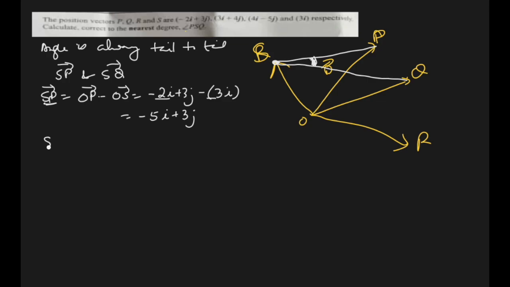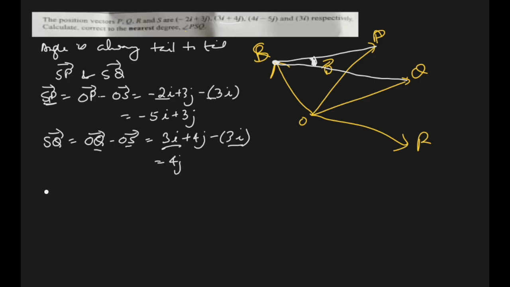Now the second was SQ. It will be OQ minus OS, head minus tail. OQ, the second one, 3i plus 4j, minus 3i. So 3i minus 3i will be 0, so it will be just 4j.